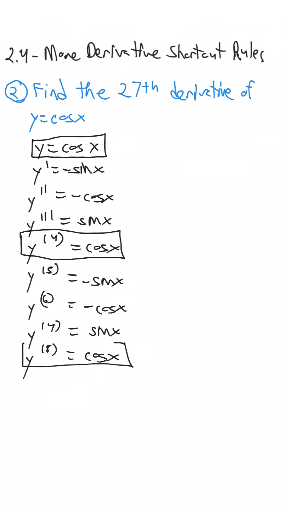See this repeating process? You're not surprised by this, I don't think. So what would you suspect? You just drop down to the y 27th derivative. You would get, let me give you a second to think about that. You'd get sine of x. The return to cosine of x seems to happen on the 4s. So on y 24th, you'd be back to cosine of x, which means at y 27, you'd be at sine of x.